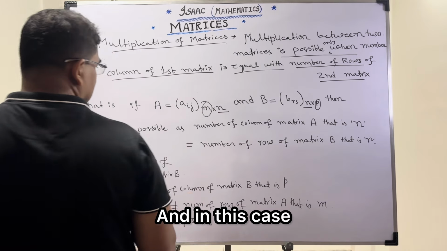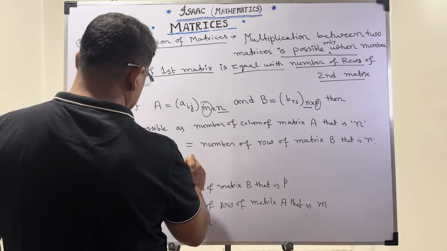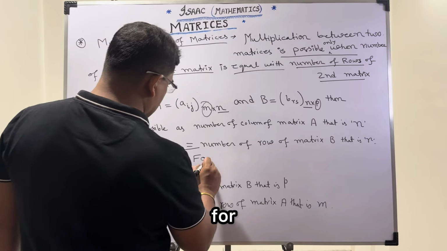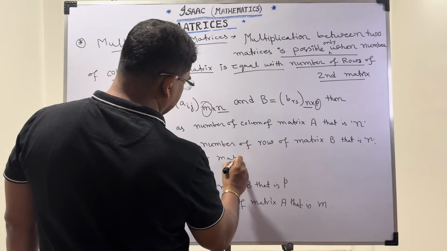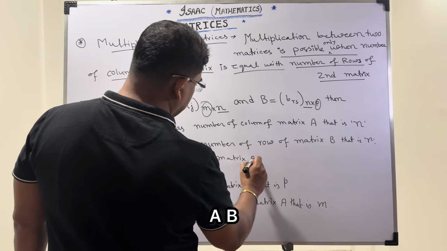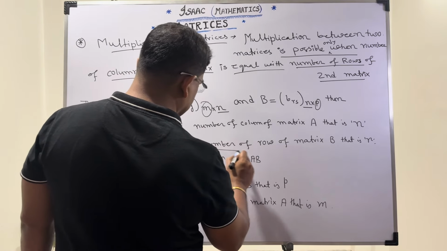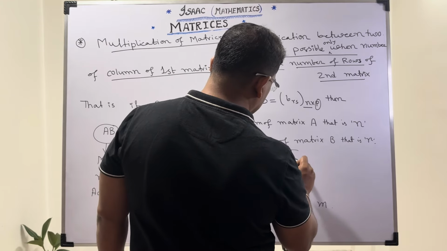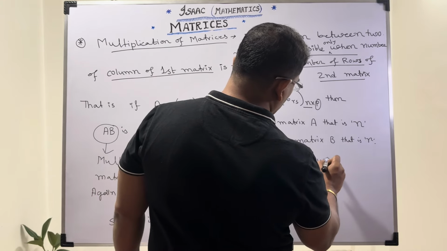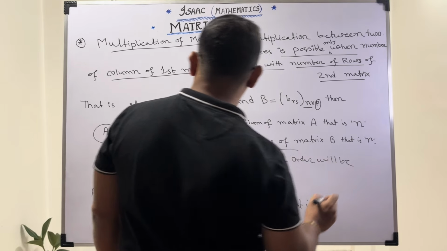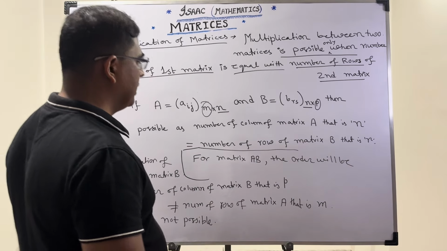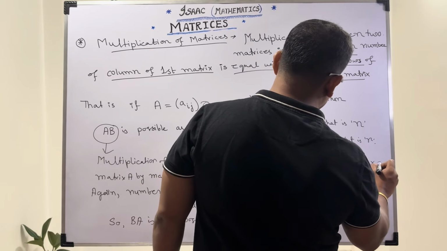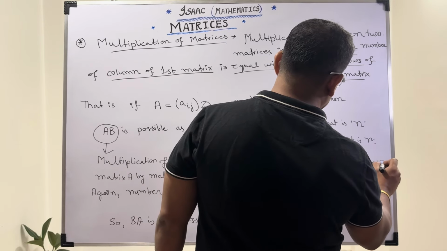And in this case, for matrix AB, the order will be m by p.